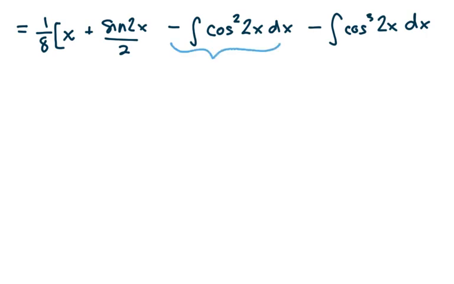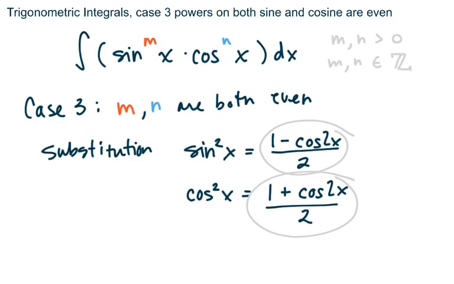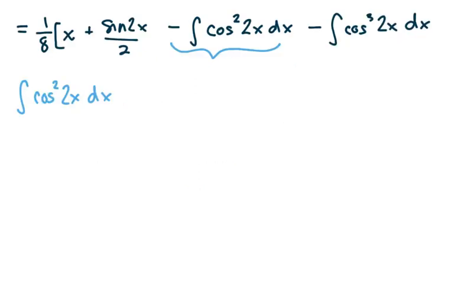For the integral of cosine squared 2x dx, I'll use my double angle substitution. Notice my double angle substitution, if we go back a page here, we went from 1x to 2x. We doubled that. So looking at where we are now, this is going to become 4x. So this is equal to the integral of 1 plus the cosine of 4x over 2.